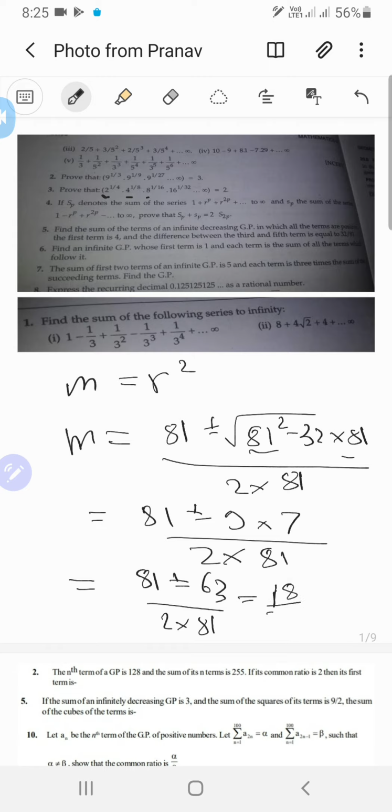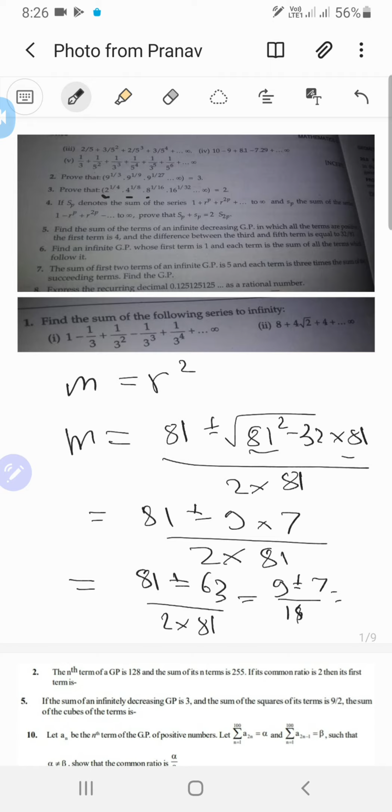18 upon 2 into 81. We could reduce this further, just reduce by 9 on both sides, so you will get 9 plus minus 7 upon 2 into 9, which is 18.